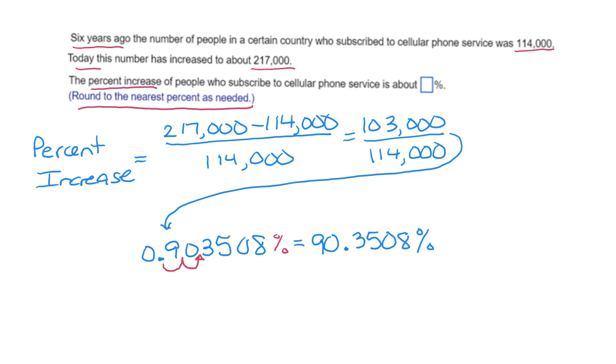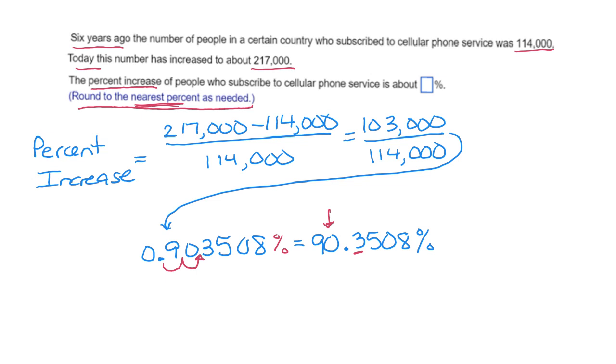All right, so now this is what I have. I have 90.3508%. So the next thing we want to do is round to the nearest percent. The nearest percent is the nearest whole number. So right here, we need to look to the right, and you need to ask yourself, is 3 greater than or equal to 5?